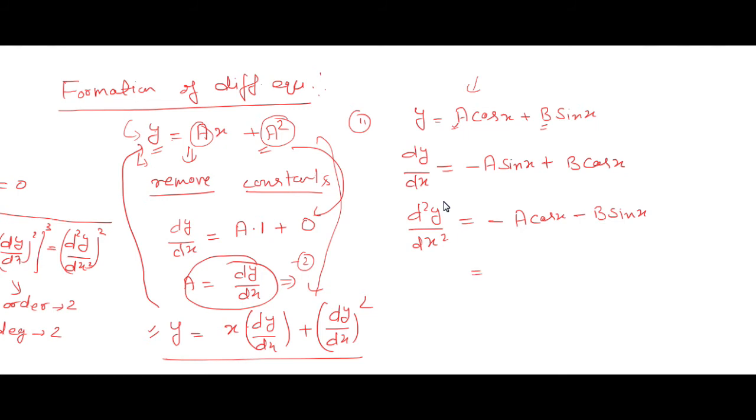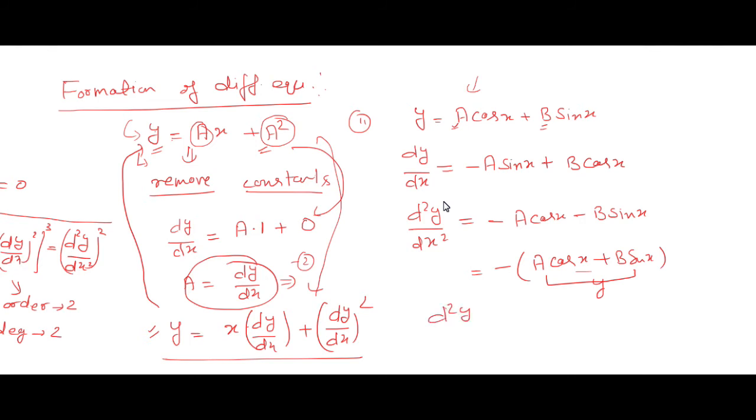Now if you take the negative sign out, you will get a cos x plus b sin x. Now if you see this term, this is equal to y.